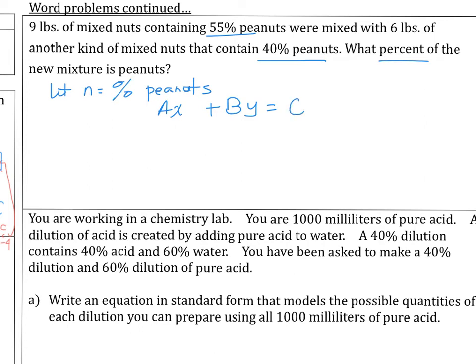Now, in the beginning it says 9 pounds of mixed nuts contains 55%. So 9 times 55 over 100. And this was mixed with 6 pounds of another kind, so we're going to have to add them together, that contains 40% peanuts.